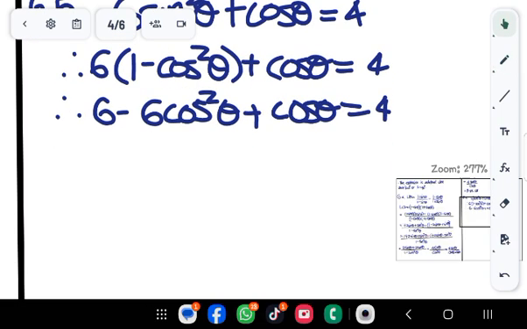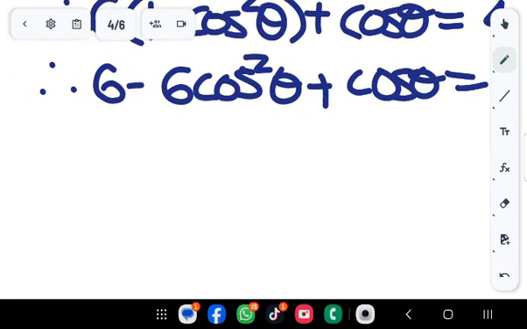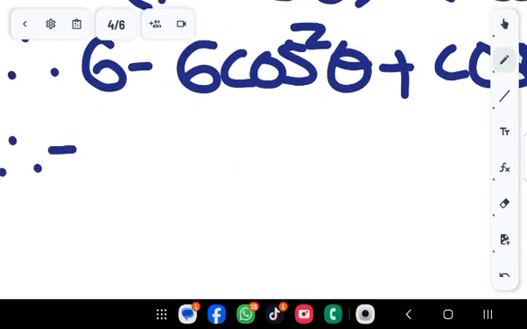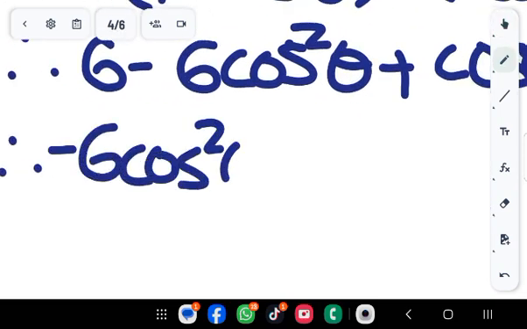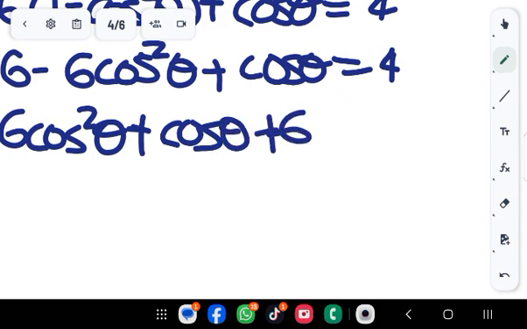Let's take everything to the left hand side. That gives us minus 6 cos squared theta plus cos theta plus 6 minus 4, which equals 0.